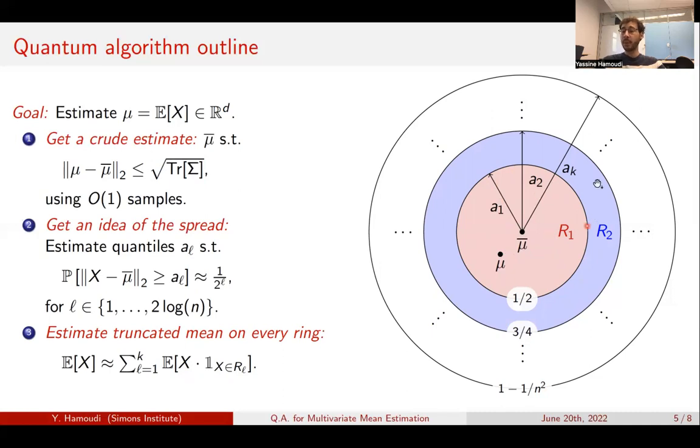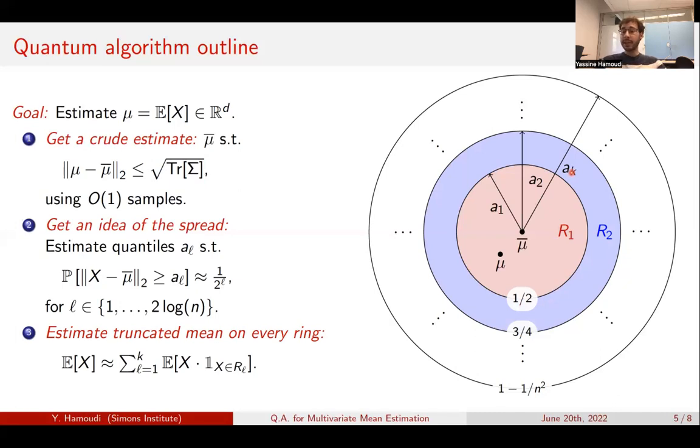The second area is the first ring defined by A1 and A2, and so on, until we arrive at the last ring. For each of those areas, we estimate the expectation of x truncated according to this area. Then we just take a summation over all those estimates, and this is our final estimate for the expectation of x.